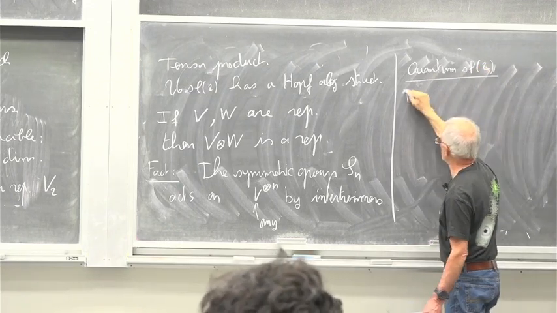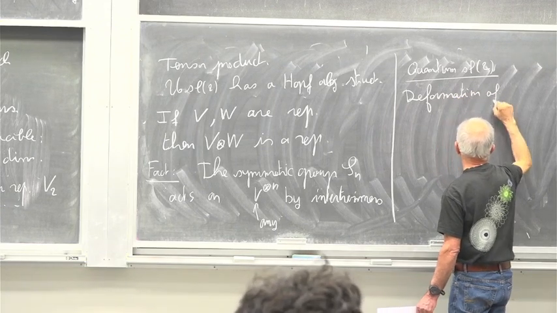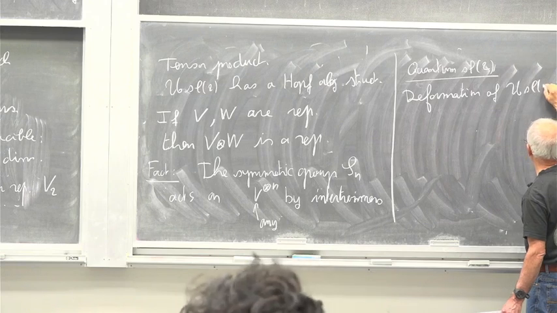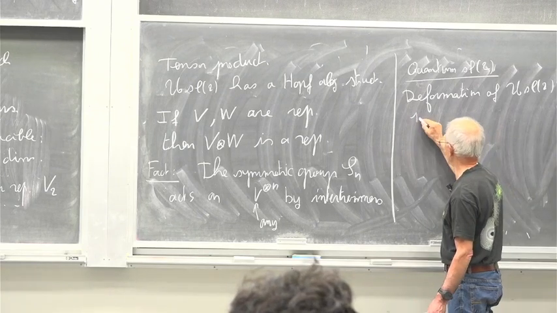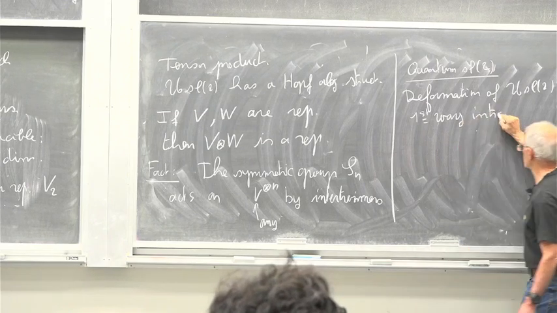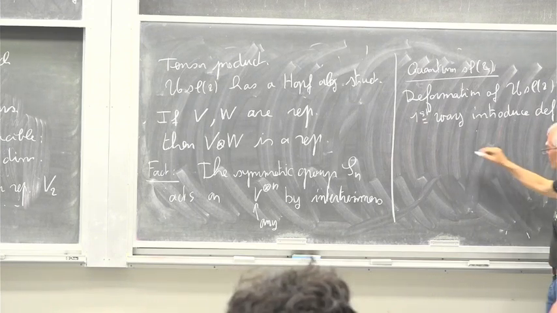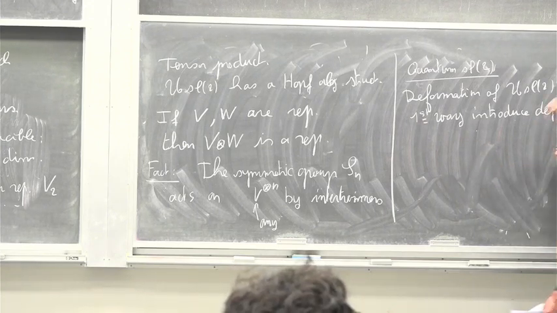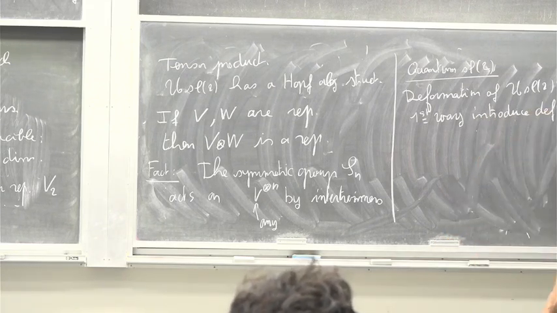So we take a deformation of U(SL2). There are two possibilities. Either you introduce, first way, a deformation parameter h, or h bar if you like as a Planck constant, if you want to be fancy.